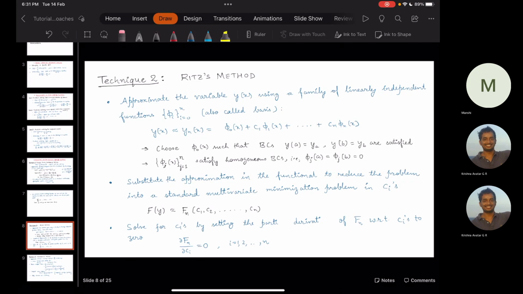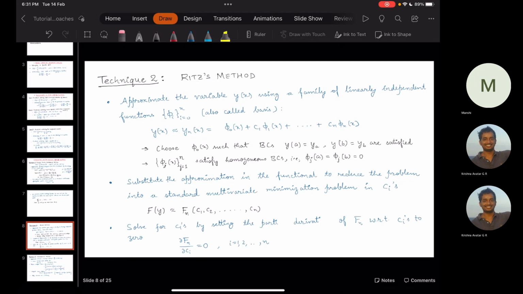And the other basis functions, phi i for i equal to 1 to n, have to satisfy the homogeneous boundary conditions: phi j at x equal to a is equal to phi j at x equal to b is equal to 0. So our basis functions must meet these two criteria.